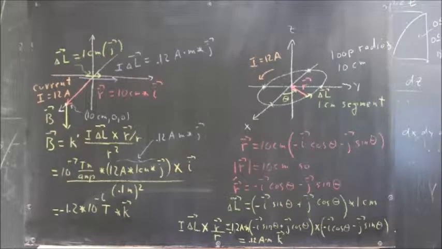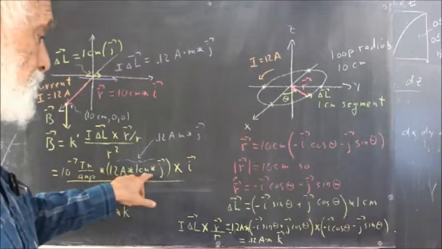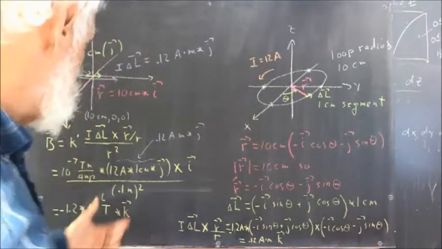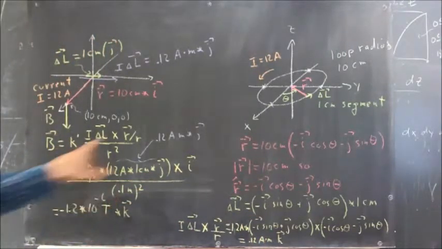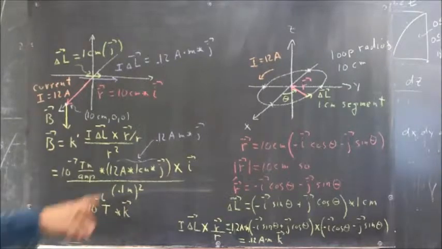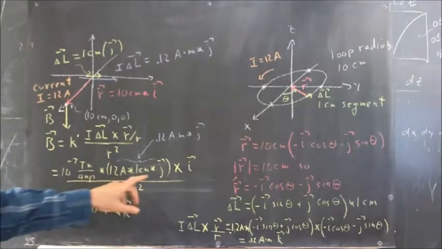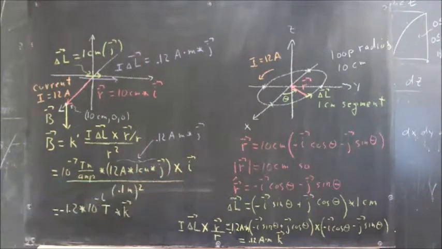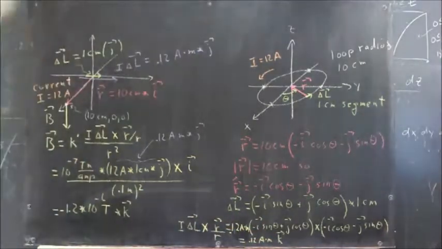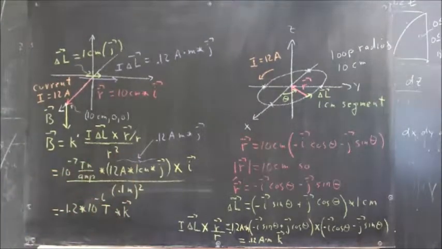Now I'm not going to work out the rest of it, I'm just going to observe that this gives us 0.12 amp meters times K, just as this calculation did. Okay, this is 0.12 amp meters times J cross I, and actually in this case, it gave us a negative K, but here it's going to be a positive K. The whole calculation then is going to come out the same.